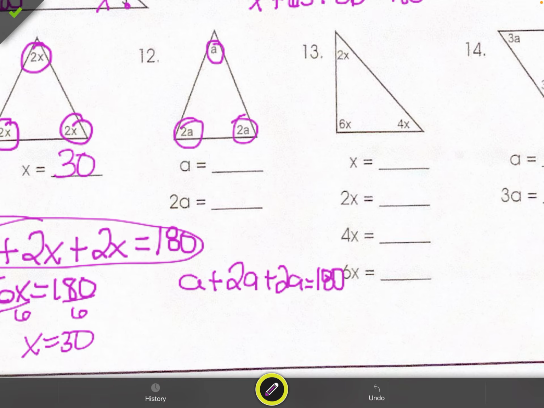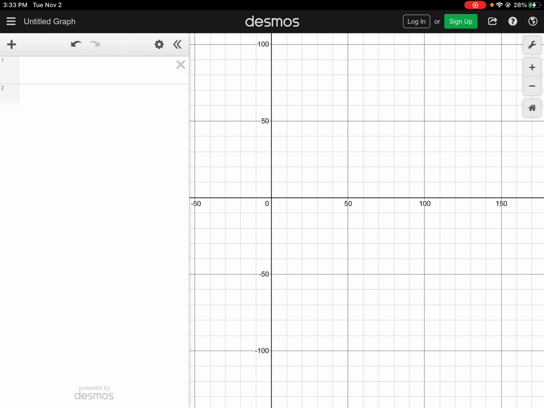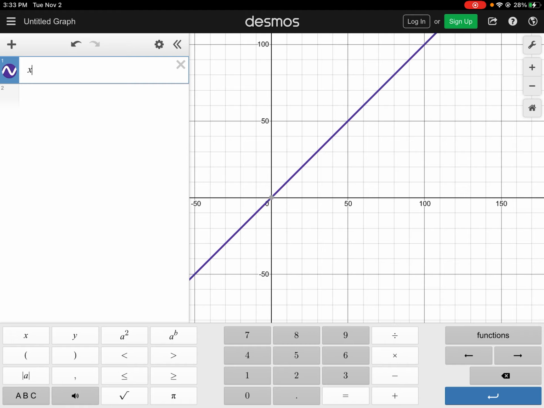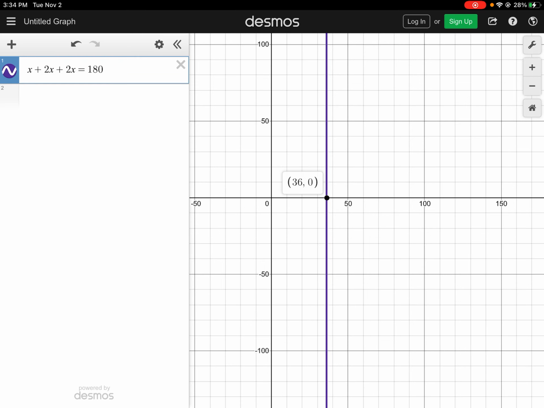Not ever going to change. So when you pop over here to Desmos, you've got to use x. So x plus 2x plus 2x equals 180. Find your line, double tap, 36.